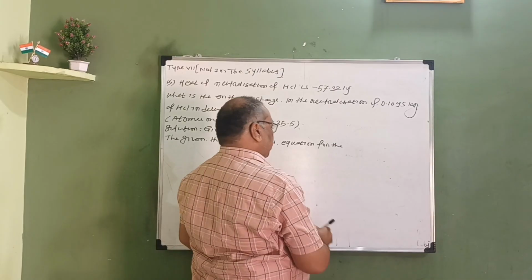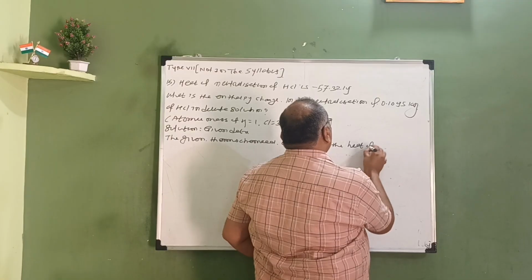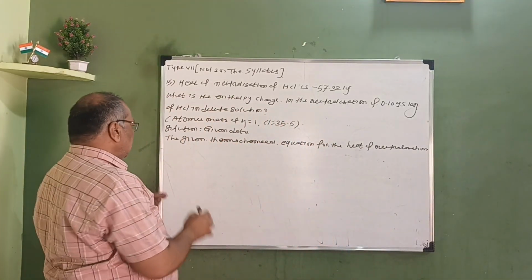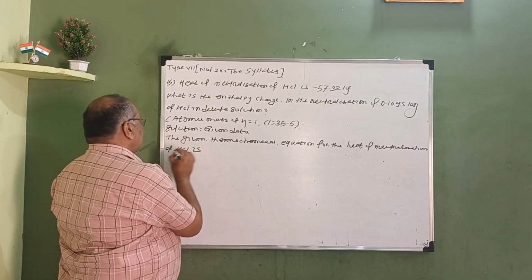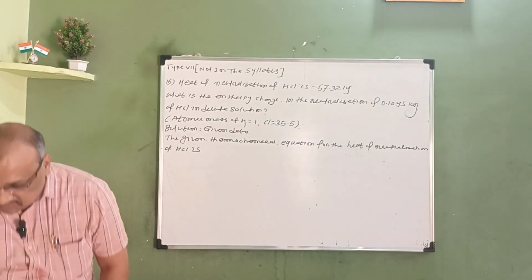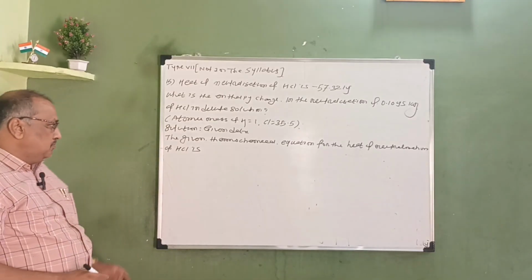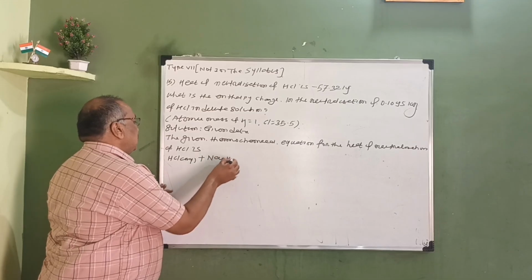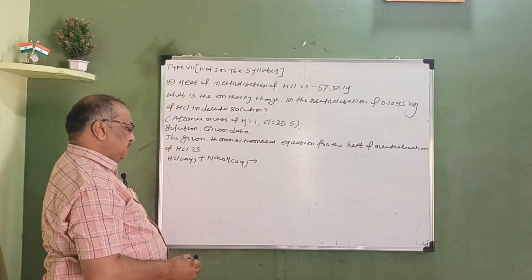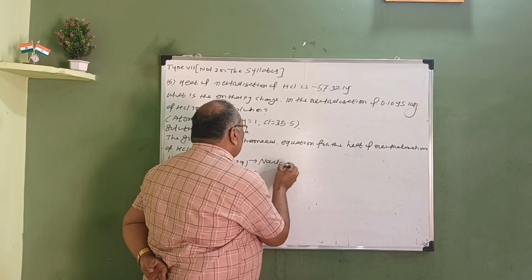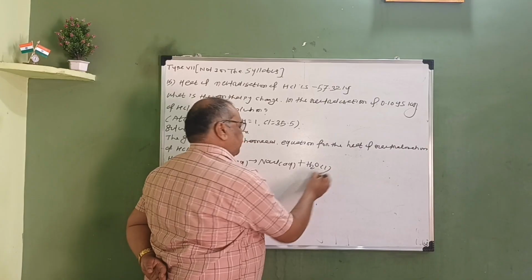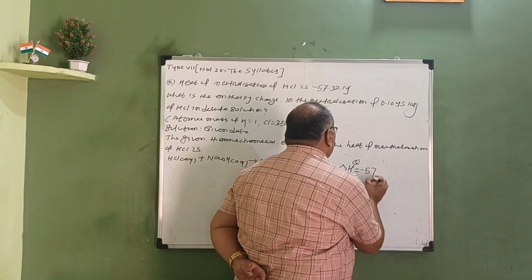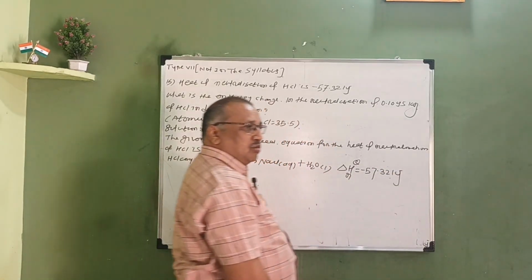for the heat of neutralization of HCl is, that means here HCl aq plus NaOH aq gives NaCl aq plus H2O liquid, and here delta H theta is equal to minus 57.32 kilojoule.